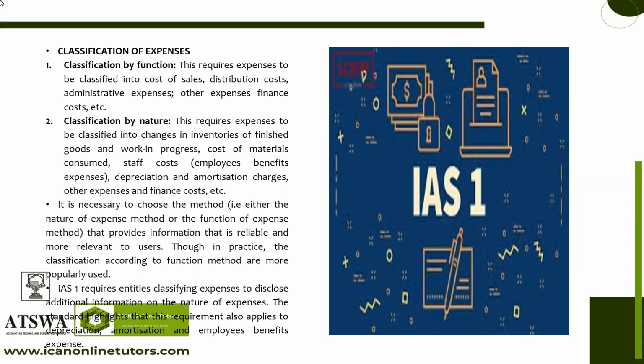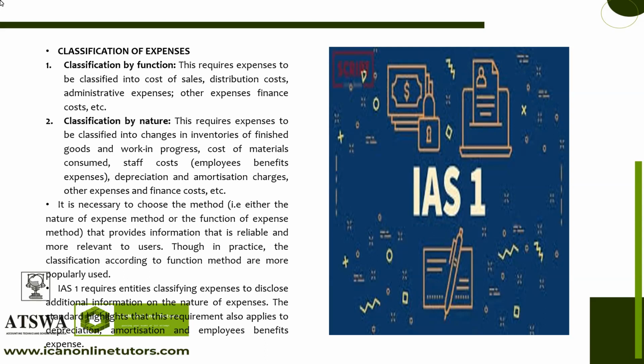Then you told us that we have the element of financial position and the element of financial performance. It's categorized into two. The first one, the element of financial position, is the assets, liability, and equity. The second one is the income and expenditure.